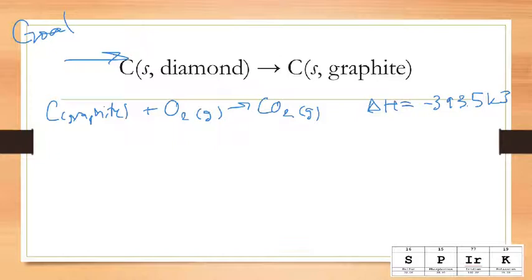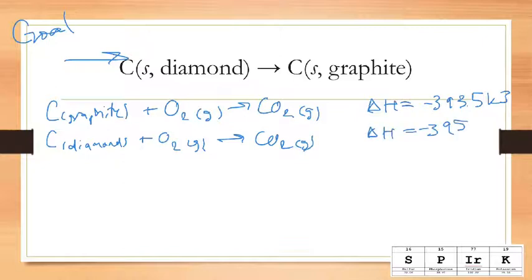We also know that the combustion of diamond is the same equation, but has a delta H of negative 395.4 kilojoules.